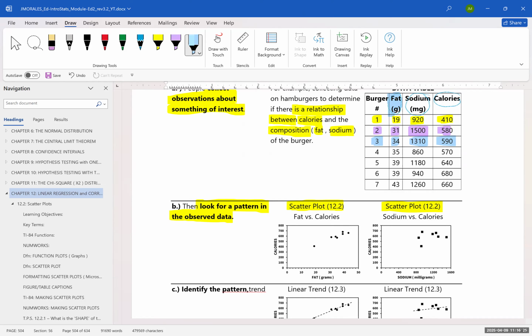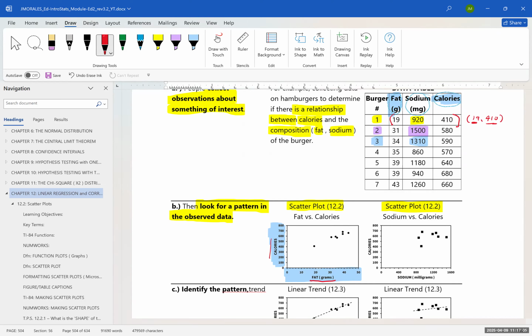fat and calories, and we plotted fat on the horizontal axis and calories on the vertical axis, then what you see is that we have ordered pairs. So for example, we have the point 19, 410. 19 on the x-axis, which is the axis that has the fat, and then 410 on the y-axis, which is the axis where we have calories.